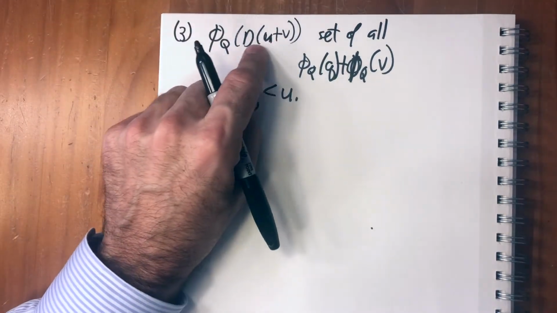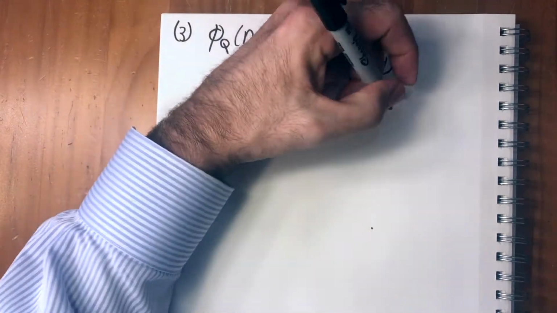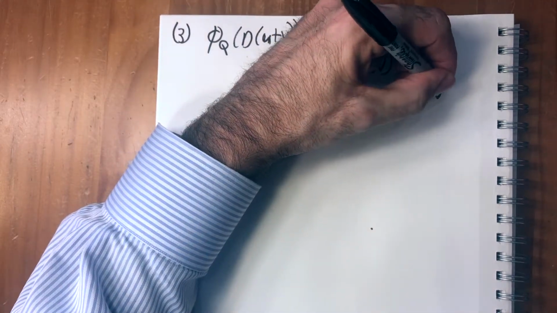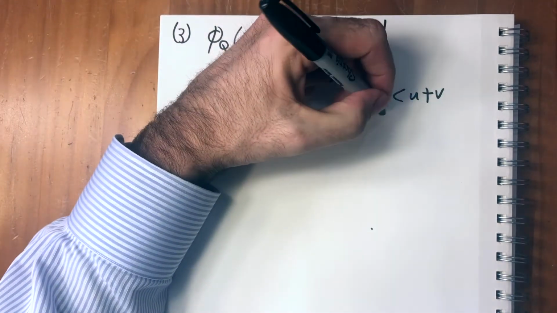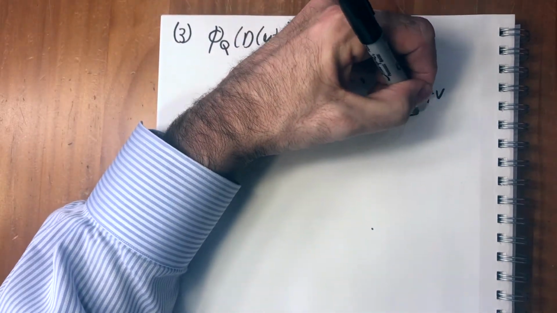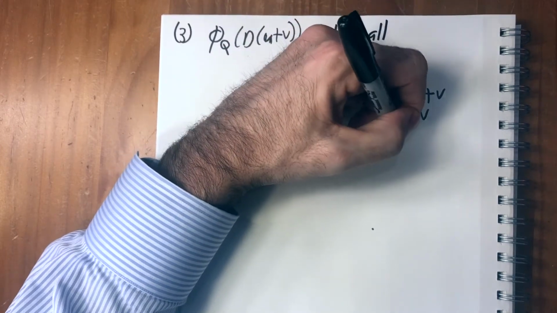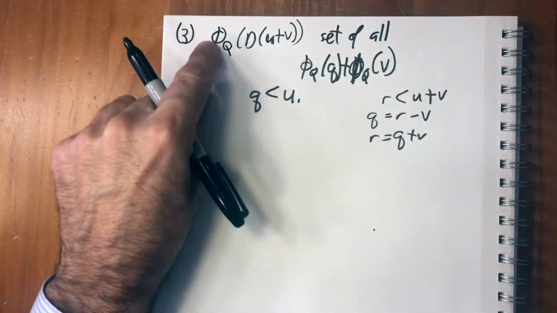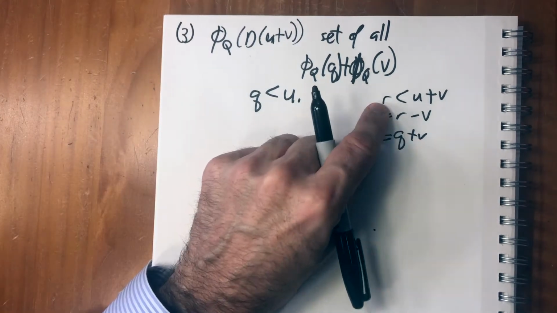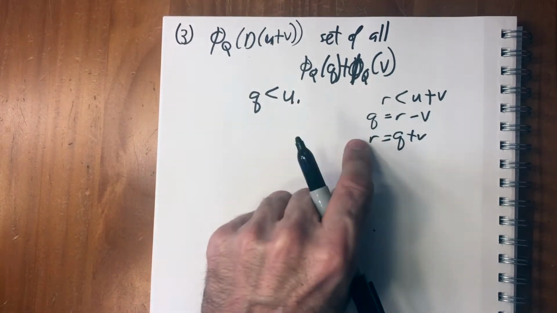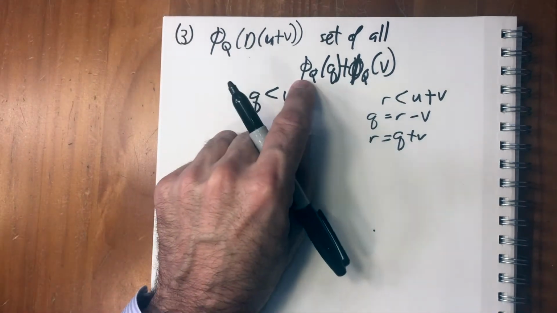So this is, in other words, just the set where q is less than u. The reason for this is that this set is the set of all rationals r less than u plus v, right? And then we move this over and we define q to be r minus v, which means that r can be rewritten as q plus v. So this set is the set of all phi q of r, in other words, the set of all phi q of q plus phi q of v. We can do that because phi q is rational.